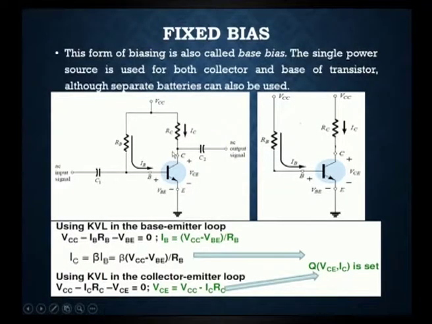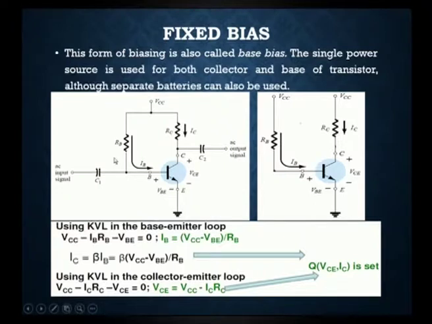Firstly, fixed bias, as the name itself says, is also called base resistor bias. The base resistor is helpful for maintaining the bias voltage. How is it helpful? Let us see with the arrangement of the circuit. This form of biasing is also called base bias.